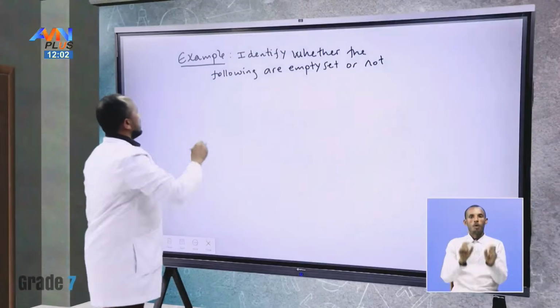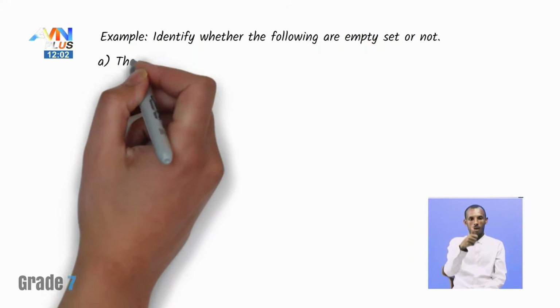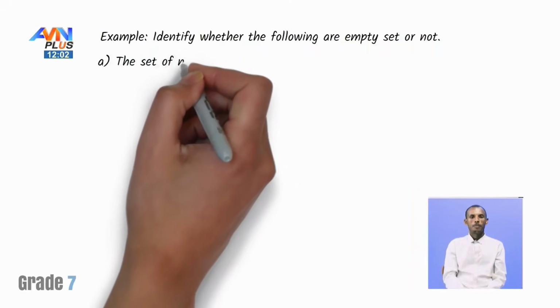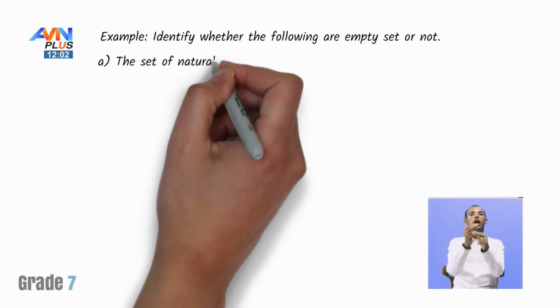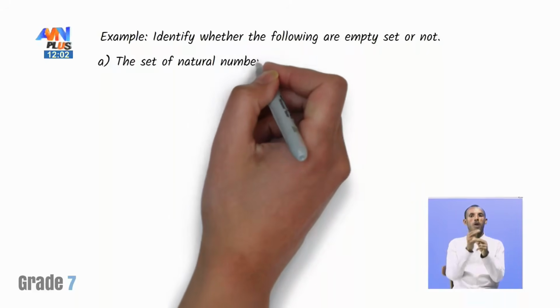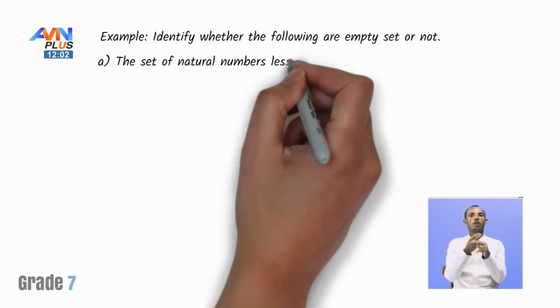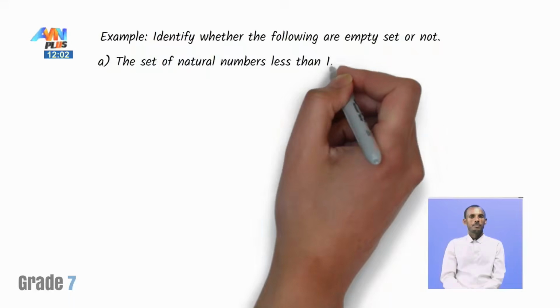Okay, now let's see this one. This is the first one. The set of natural numbers less than 1.